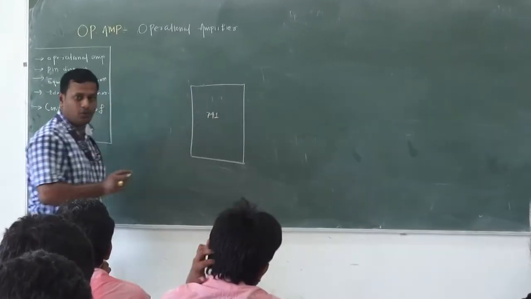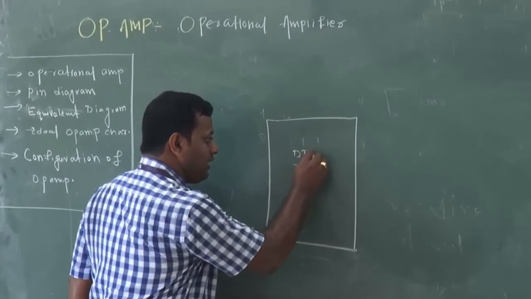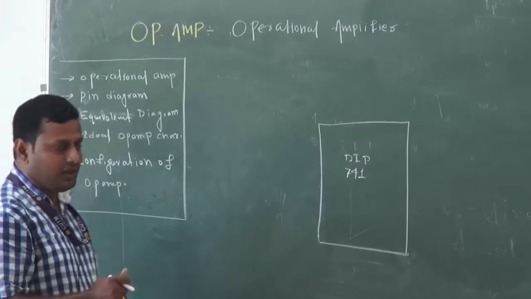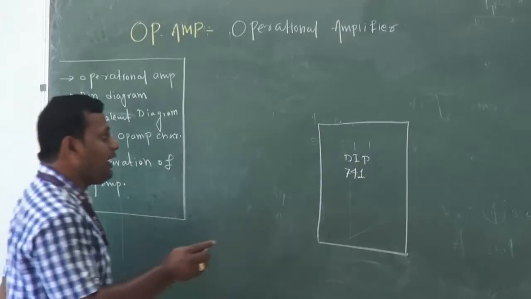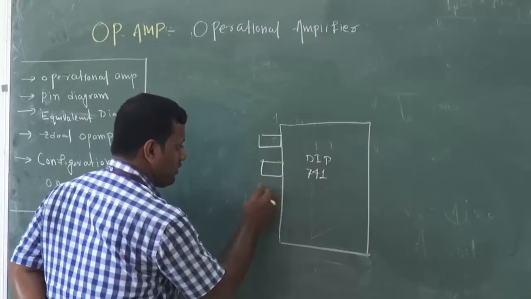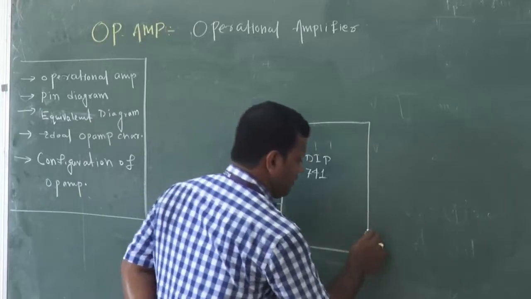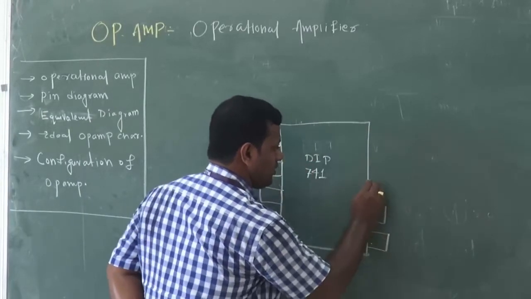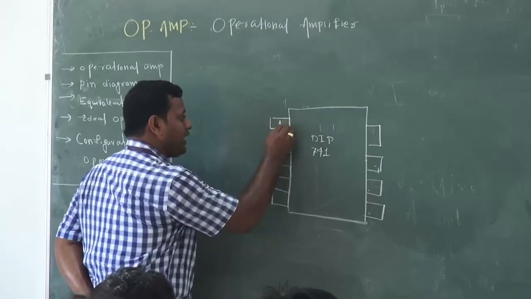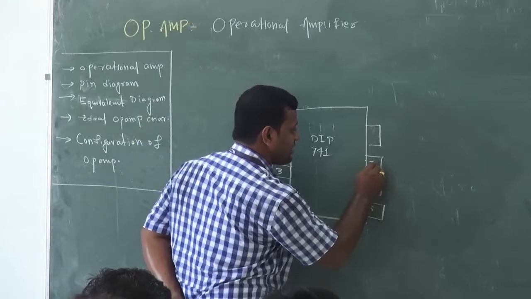It is the 741 DIP, that is dual in-line package. The 741 integrated chip has 8 pins: 1, 2, 3, 4, 5, 6, 7 and 8.